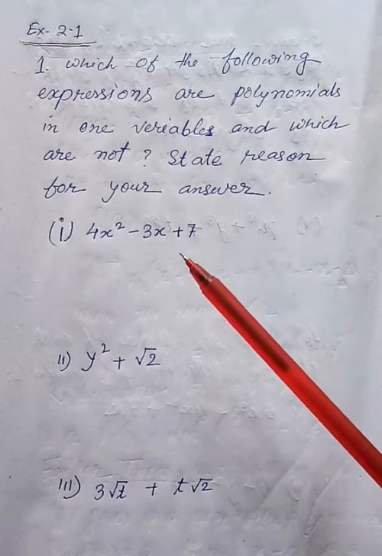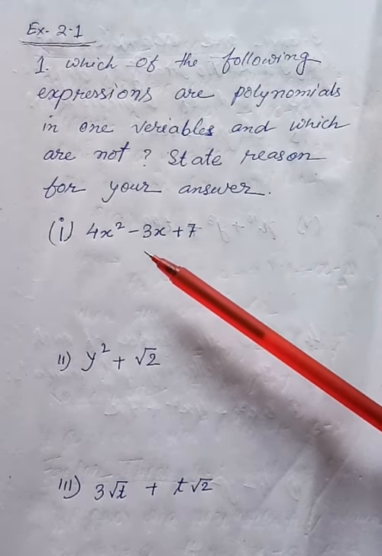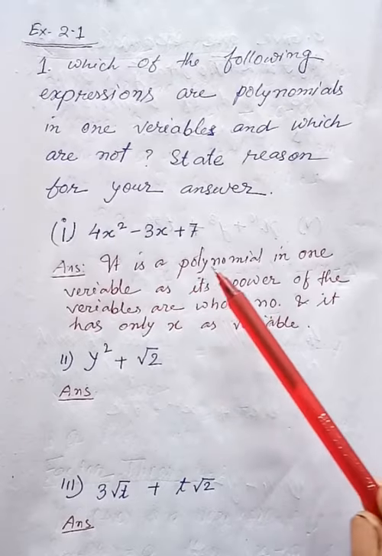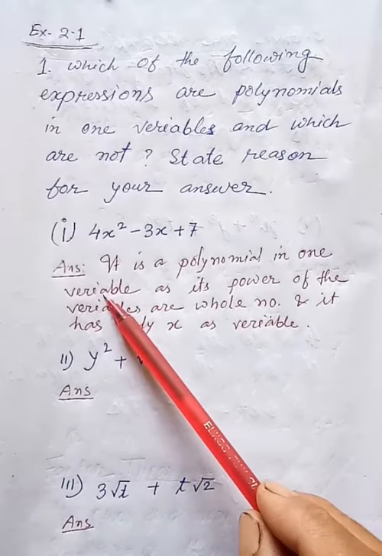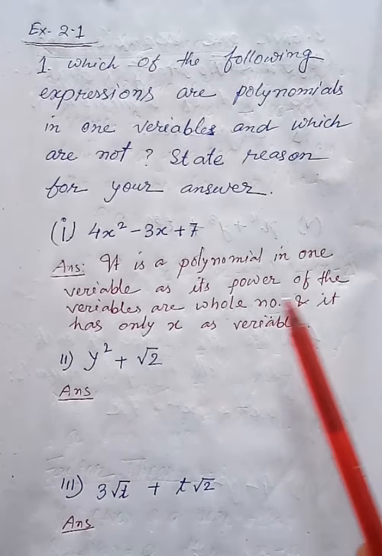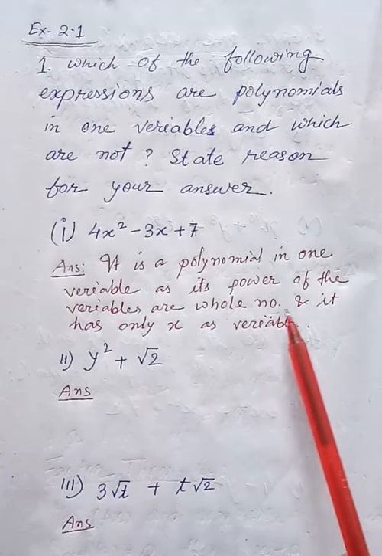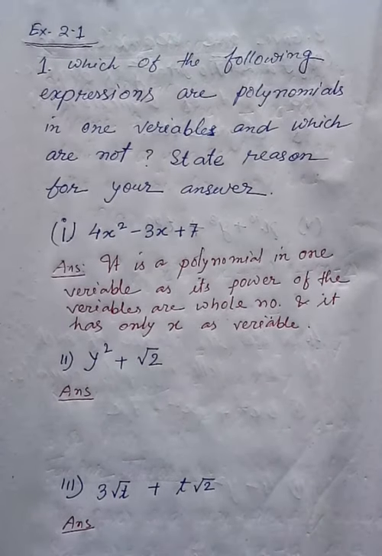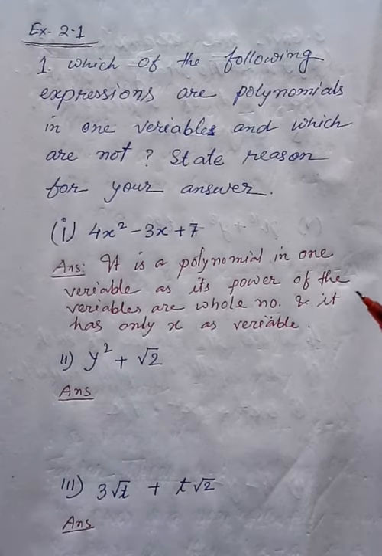In the answer we can write: yes, it is a polynomial in one variable. The reason is that the powers of the variable are whole numbers and it has only x as variable.